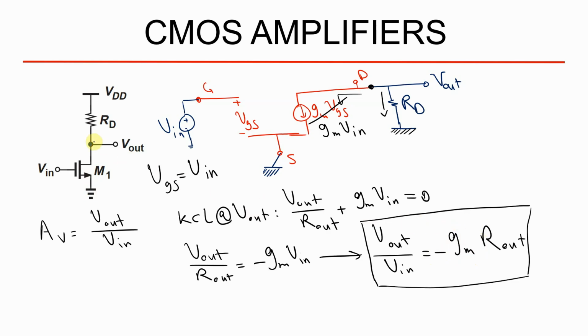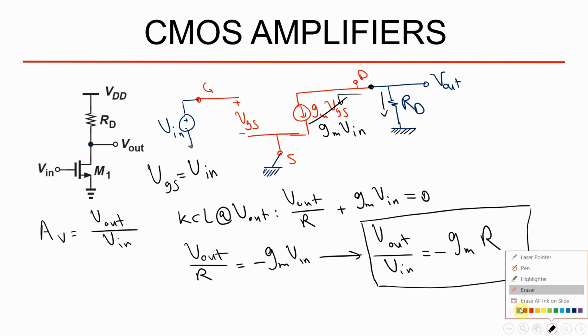Here I wrote Rout, I'm sorry, but this is R drain, not Rout, RD. This is RD. So I had to correct this mistake. Sorry about that. This is RD.